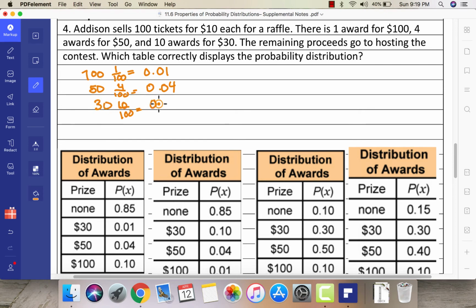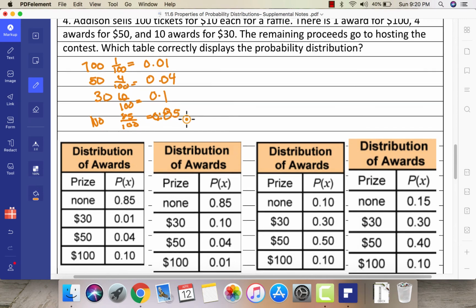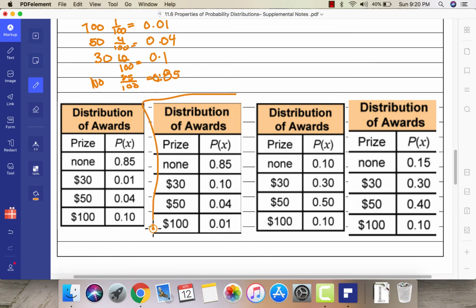And that would be 0.1. And then our remaining amount of people, because we have 15 winners, so that would be 85 out of 100 who would receive no prize. And that would be 0.85. So this second table here would be our data.